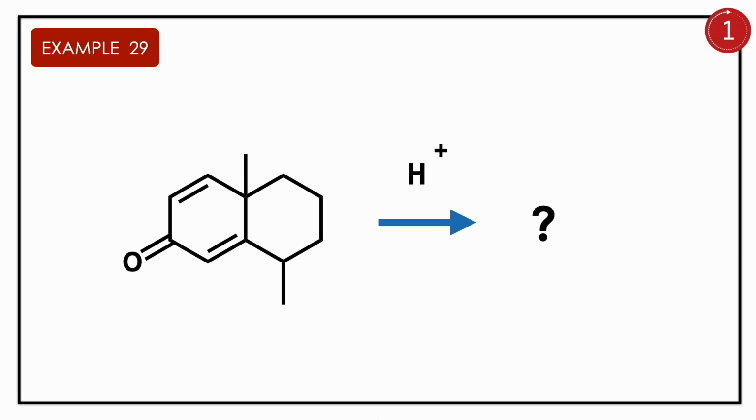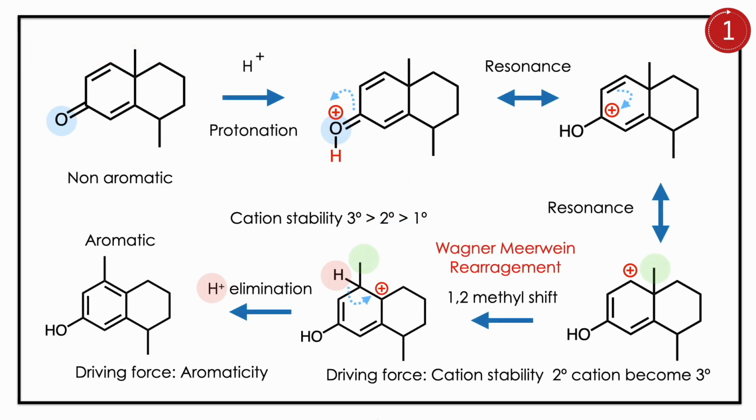Then the next example: you have a fused system with a conjugated ketone, and a fused cyclohexane with a methyl group, in acidic condition. You should find what the final product will be. You are using acid, with a carbonyl in the system, so protonation happens and you have the cation.